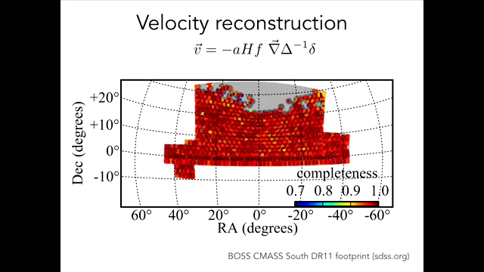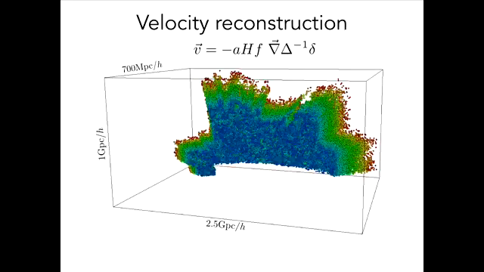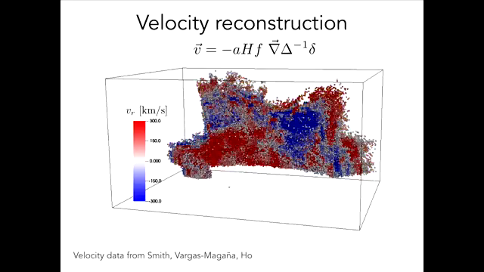But because we have redshifts for all of these galaxies, we actually have 3D information. So we can put these galaxies in a 3D box. And once you have this, you can make a 3D grid, estimate the density field, take the gradient of the density field, and get an estimate for the velocity. And this is basically what the line of sight velocity would look like, where color indicates whether the thing is moving away or towards you. So this method was implemented by Kendrick and Marina Vargas Magana.